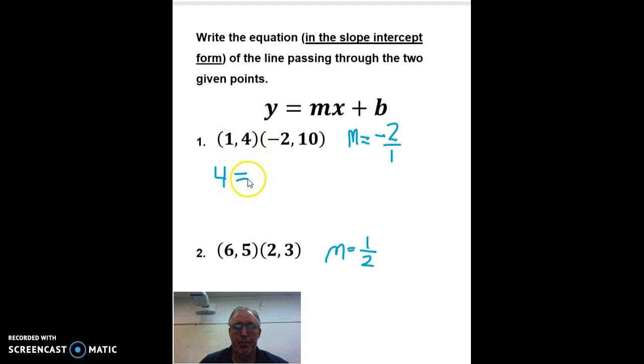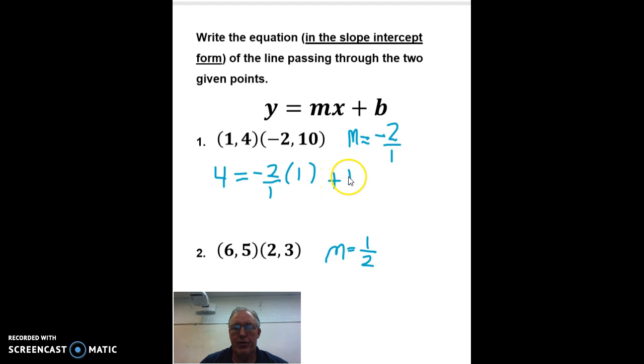It says up above equals m, our slope, right? So -2/1. And what is x in this set of coordinates here? X is 1. See how I put that in parentheses? And now what do we say? Plus b.